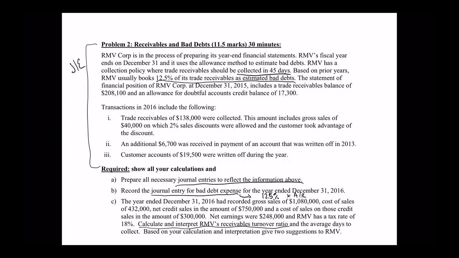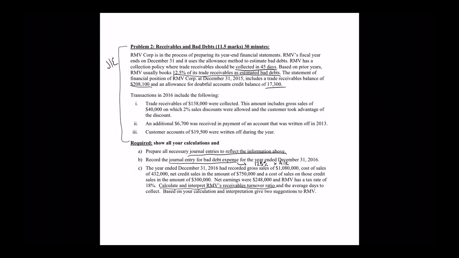The statement of financial position of RMV Corp at December 31st, 2015 includes a trade receivables balance of $208,100 and an AFDA account credit balance of $17,300. So what we're going to do on the next page is set up T accounts for trade receivables and for AFDA.